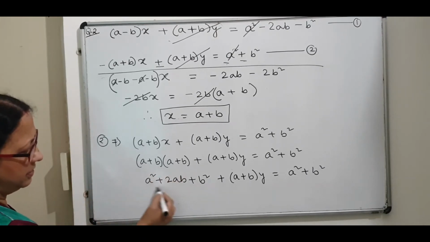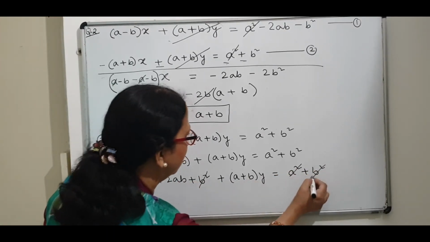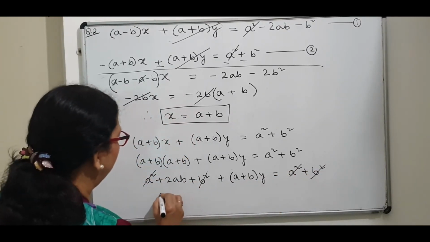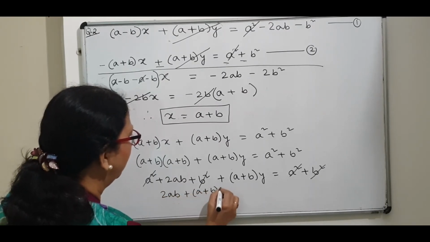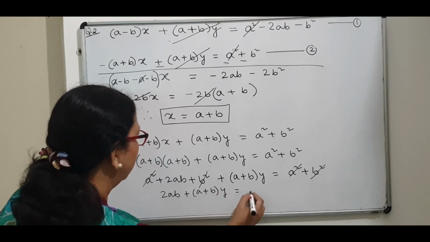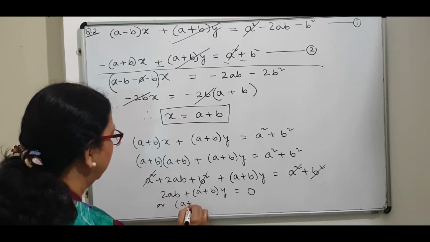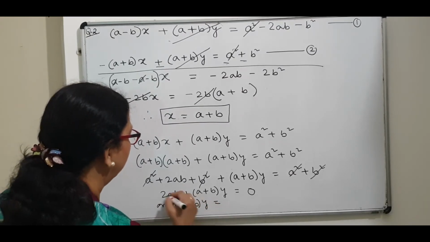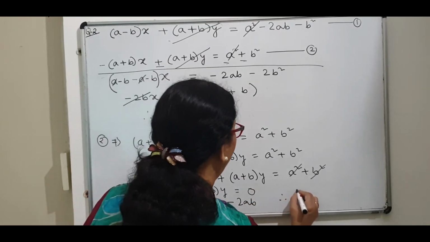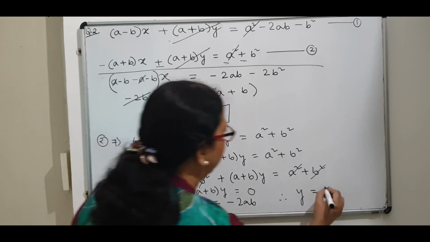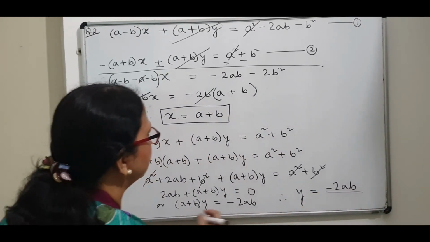Now you see this a square getting cancelled with this, b square with this. So we are left with twice ab plus a plus b into y is equal to 0. Or a plus b into y, take to the other side, it is minus 2ab. Therefore y is equal to minus 2ab upon a plus b.